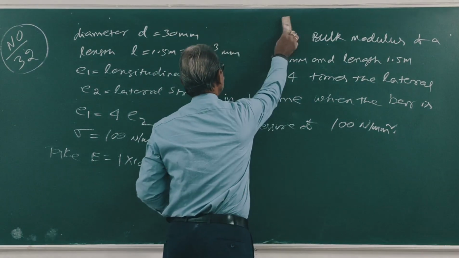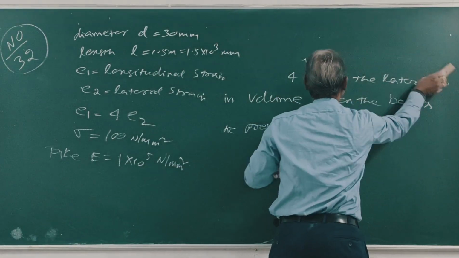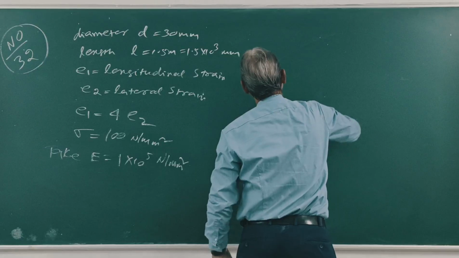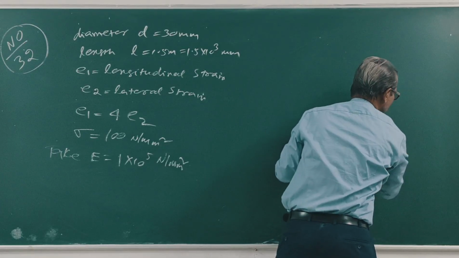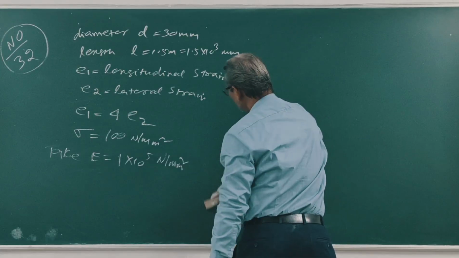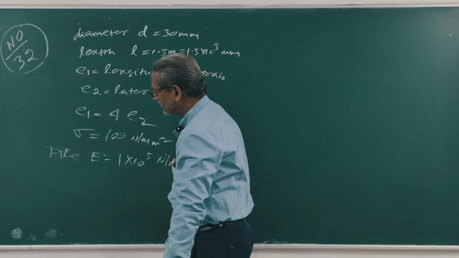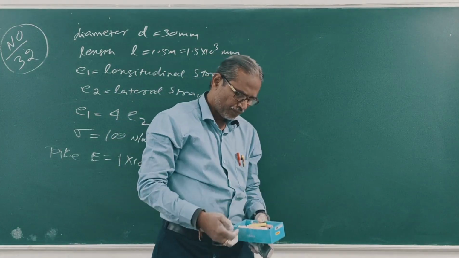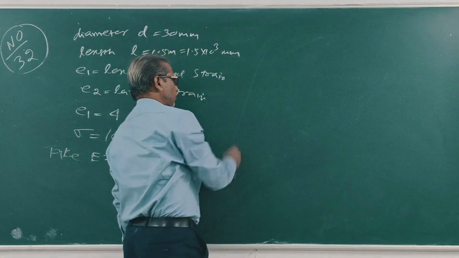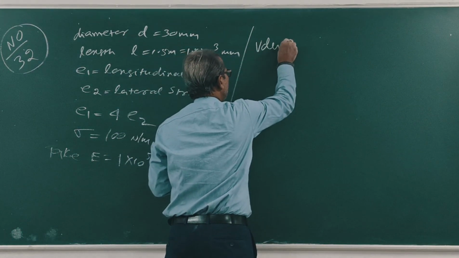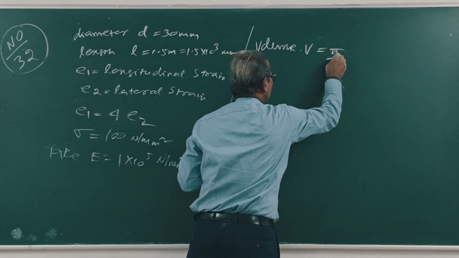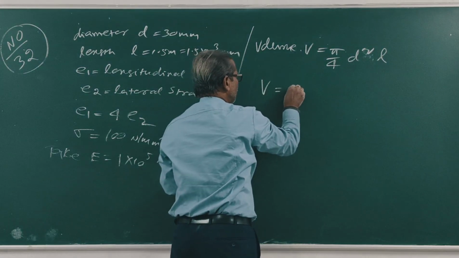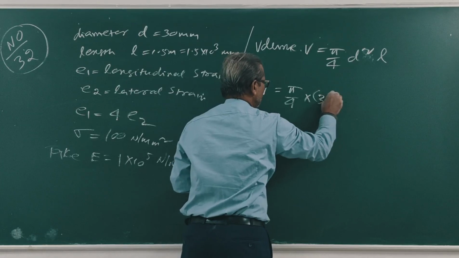Now, volume V is equal to pi by 4 into d square L. So V is equal to pi by 4 into 30 square into L 1500.